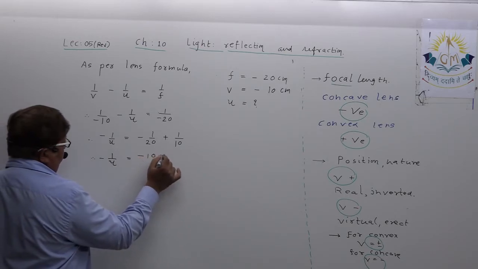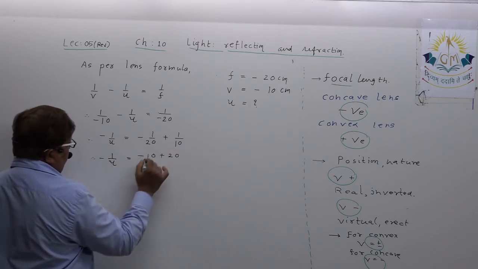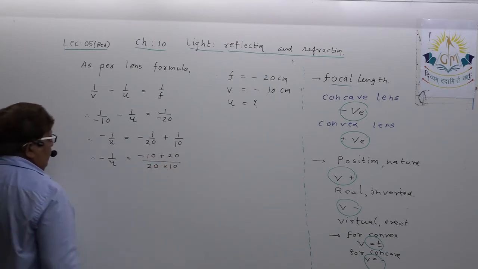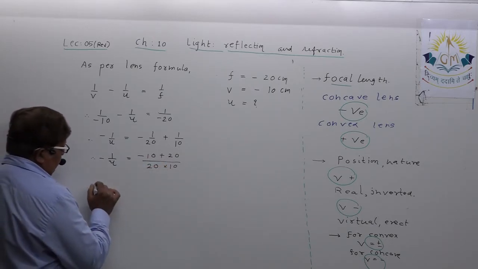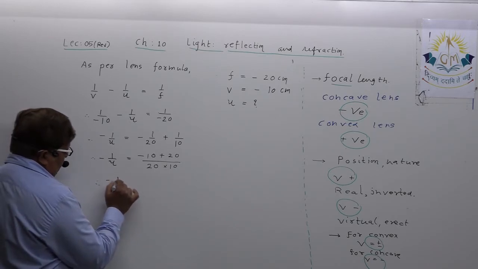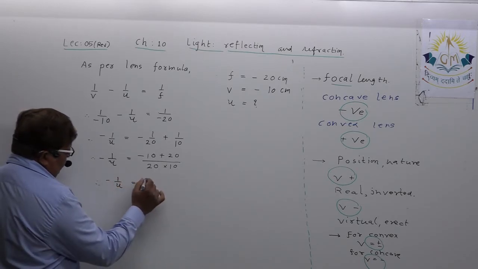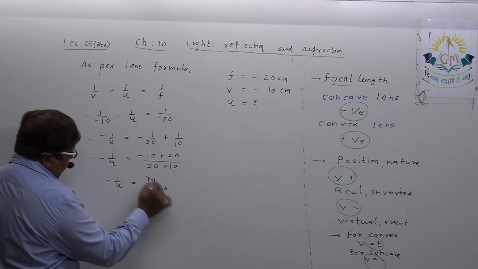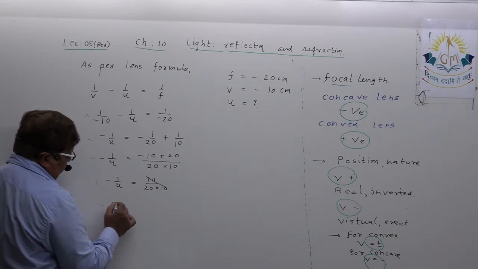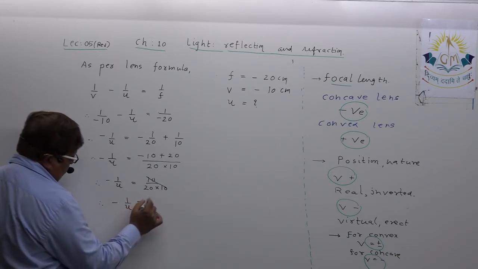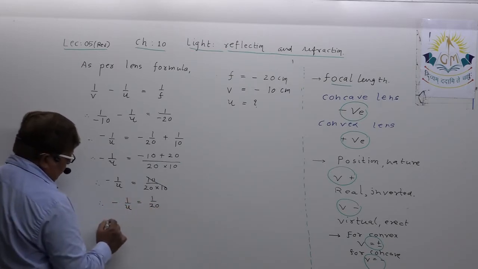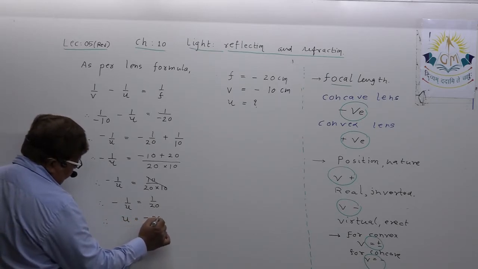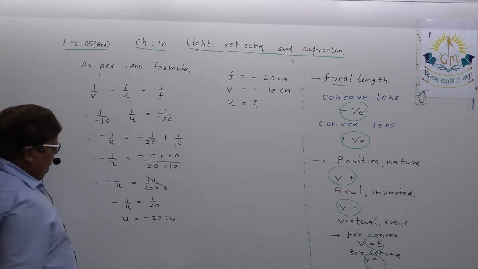Simple cross multiplication: 10 upon 20 into 10. One cancellation. 1 upon 20, just reciprocalize, u equals minus 20 centimeters.